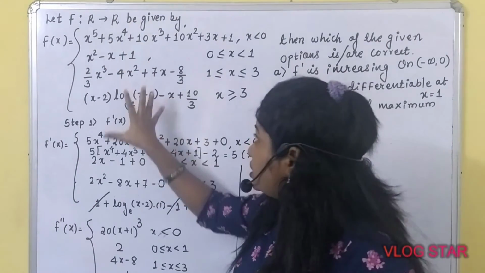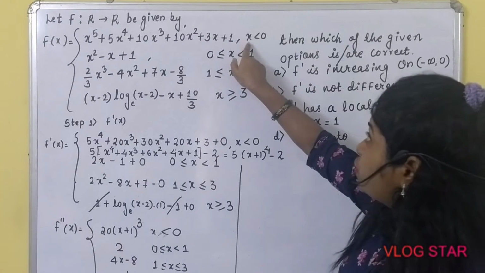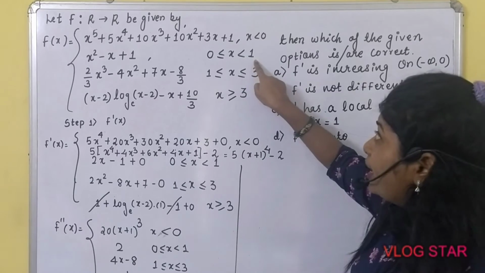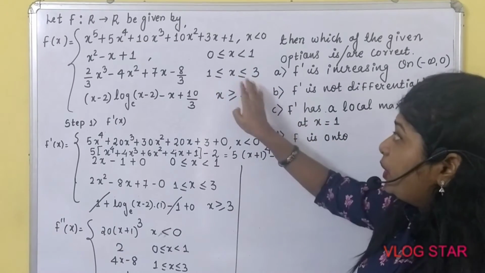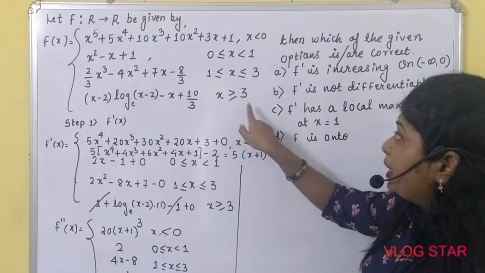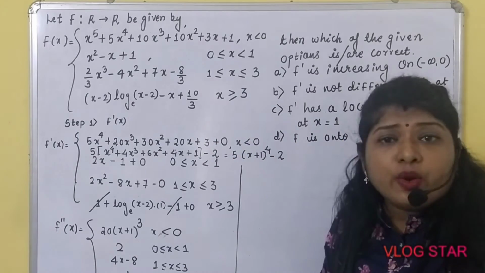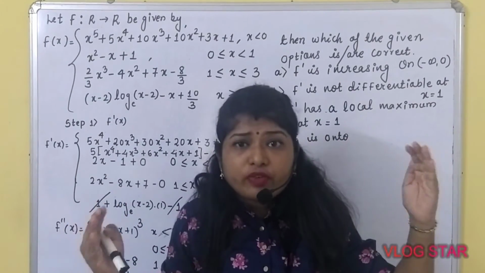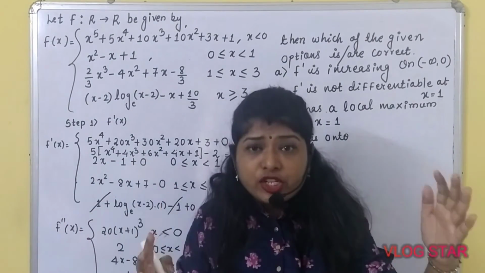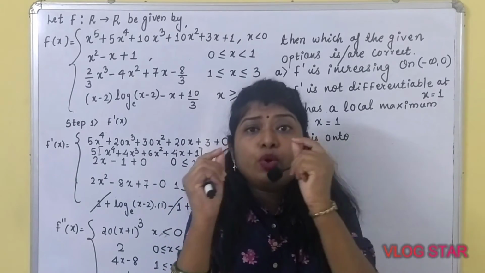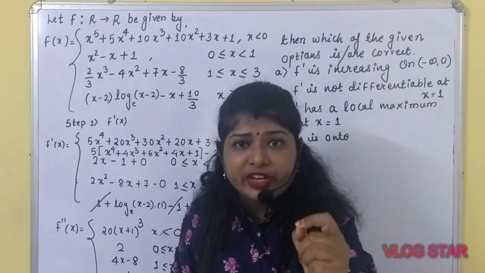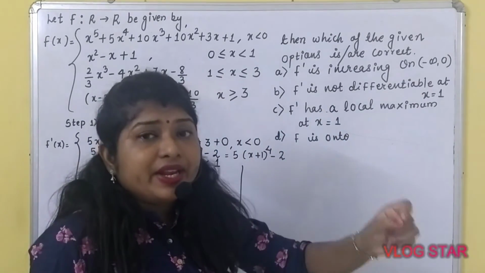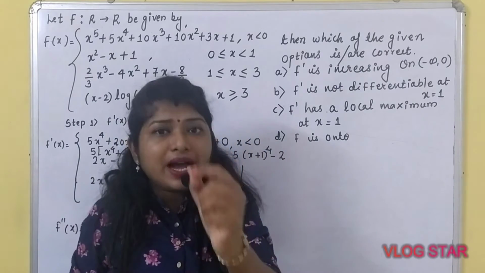So if you observe carefully, the given function here, this is less than 0, this is greater than 0, this is in between 1 to 3, this is greater than or equal to 3. It means that if you are going to find the range of the given function, it would be from minus infinity to plus infinity.